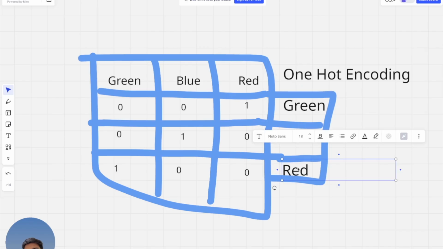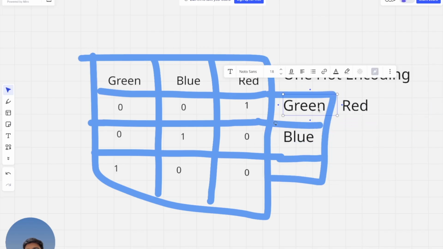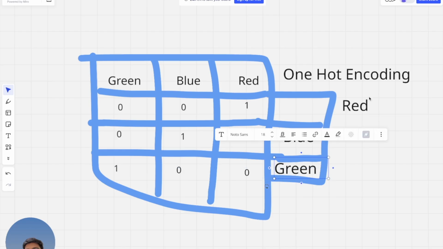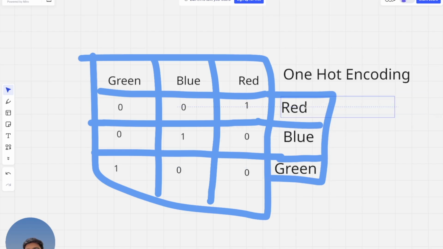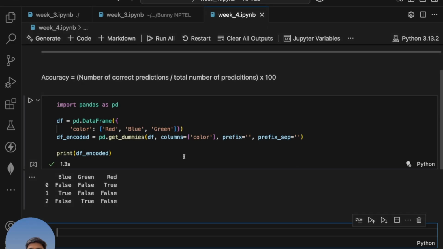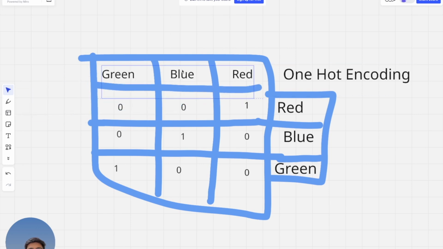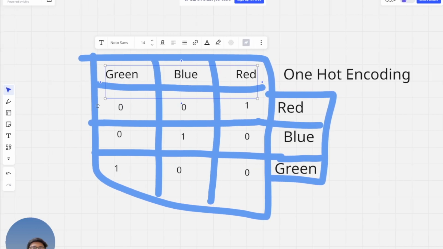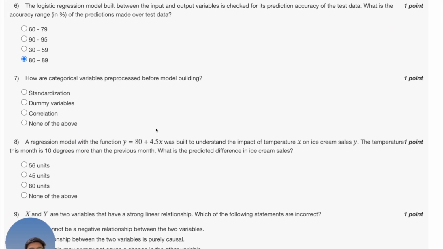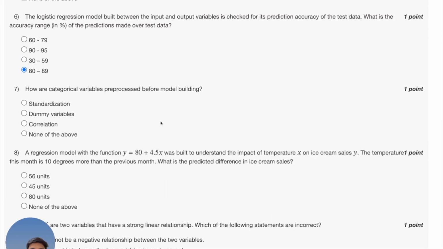This particular thing is here, this particular thing is here. This will change, but then all the things are true. Here we just interchange this value, and all the other things are the same.